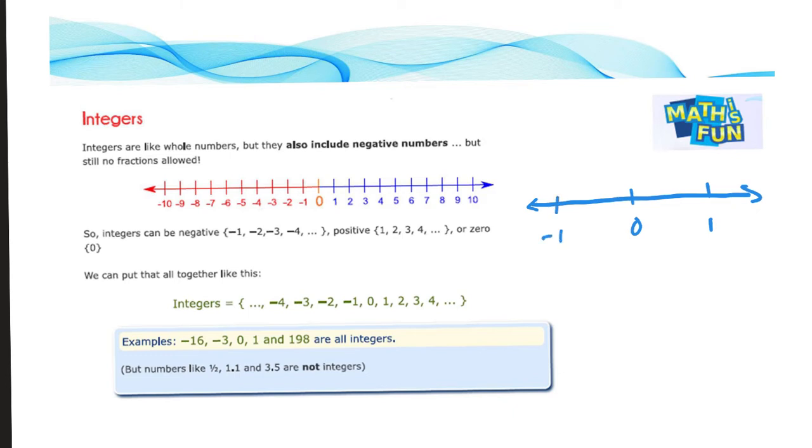So integers are going to include the whole numbers, and now we're also adding the negatives. Again, there are no fractions here, and there are also no decimals. So here are some examples of the integers: -1, 2, 3, 4, and then we go obviously to the positive sides, 1, 2, 3, 4, and we must include 0 as well.